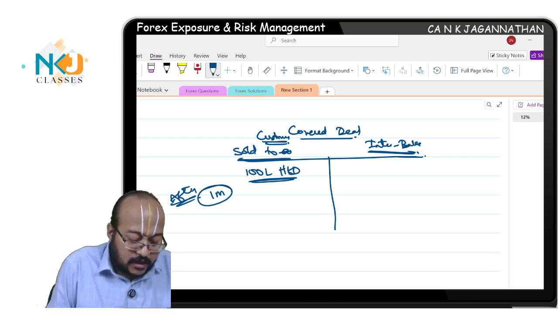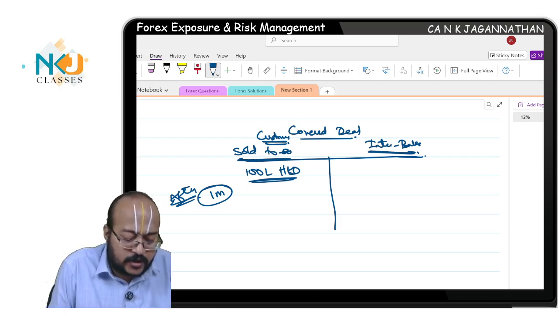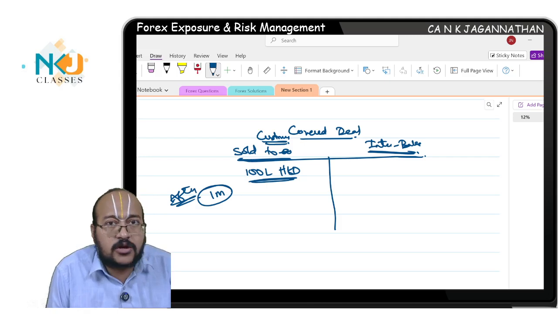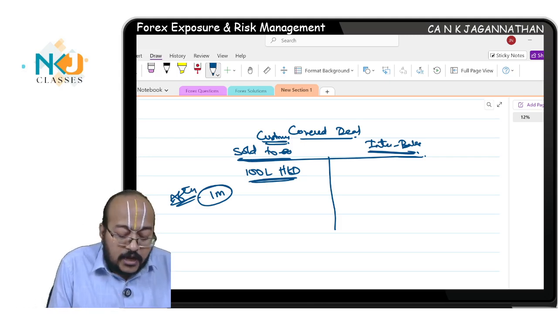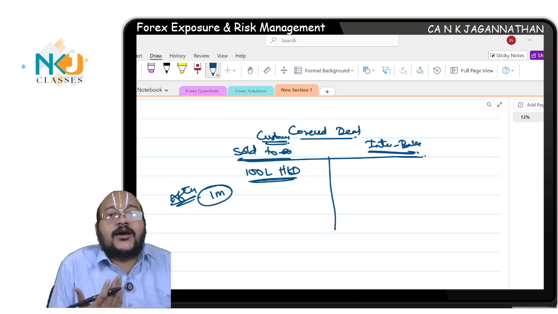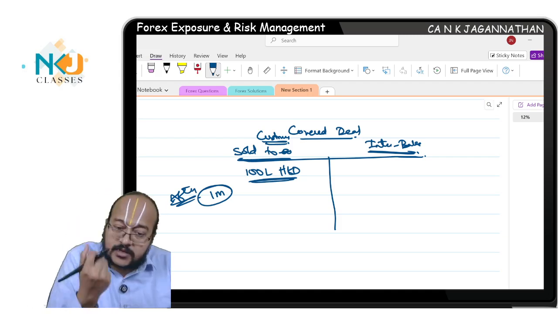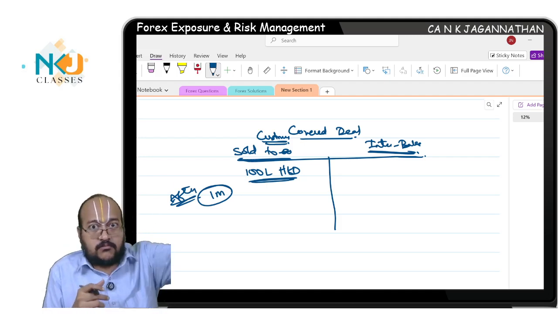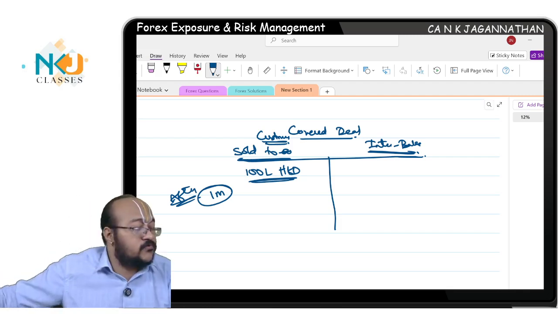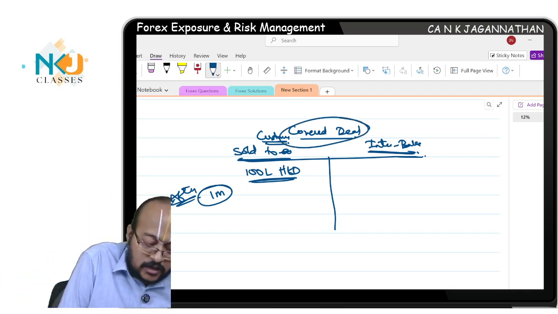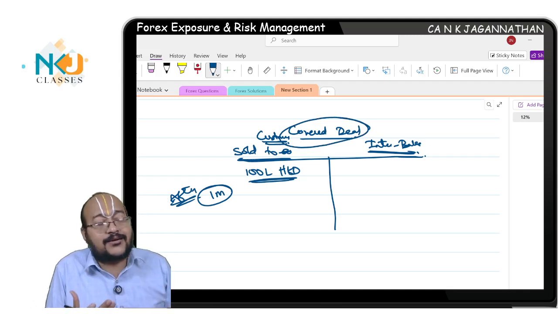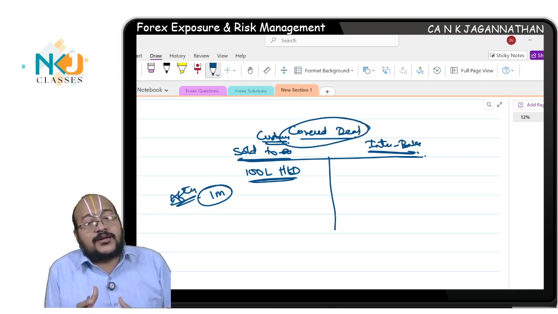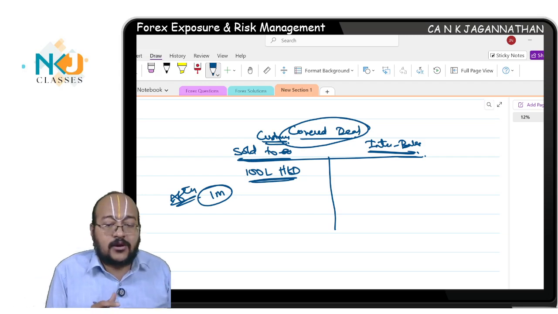After 1 month, the dealer requires 100 lakhs Hong Kong dollar, so he needs to purchase. The dealer is just a broker. He will purchase from the bigger market and then sell to the customer. The dealer is only a facilitator of the transaction. He will buy the dollar, sell the dollar. This is what he does.